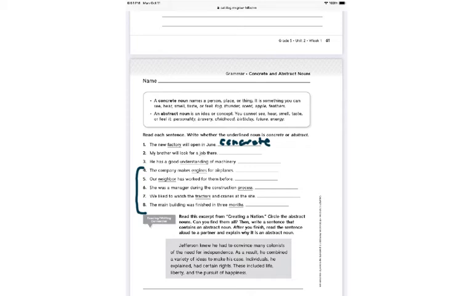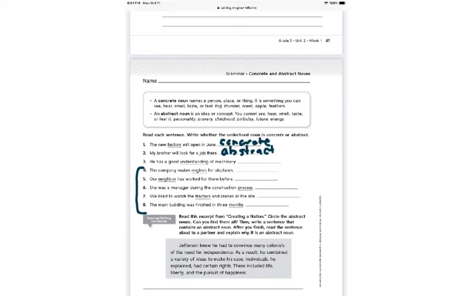The brother will look for a job there. A job. This is pretty tricky. But a job is not something that I could see, hear, smell, taste, or feel. So this would be an abstract noun. And then, he has a good understanding of machinery.